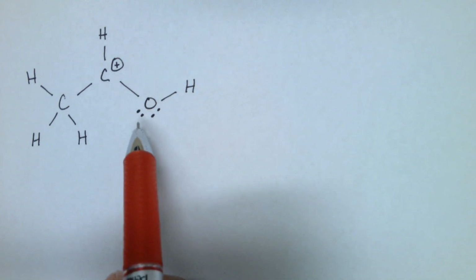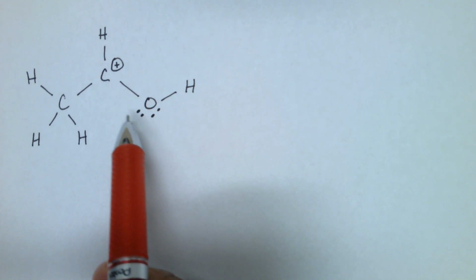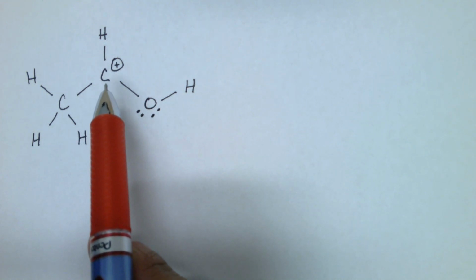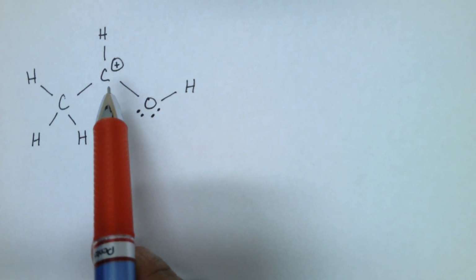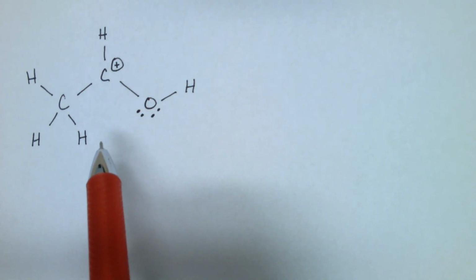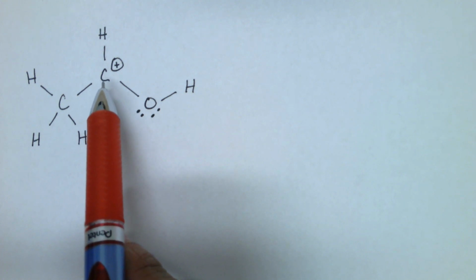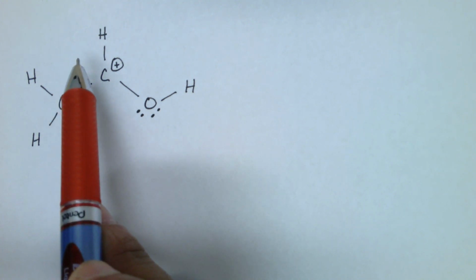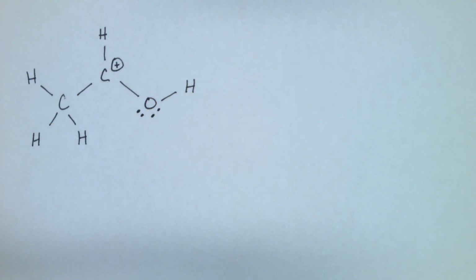Here we see a lone pair of electrons adjacent to a carbocation, or a carbon with a positive charge. This happens from time to time in organic chemistry. This carbon right here sometimes will lose an atom, perhaps a hydrogen, in an acid-base reaction or some other type of leaving group.